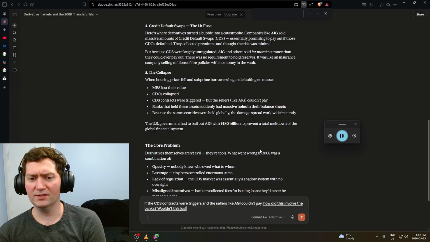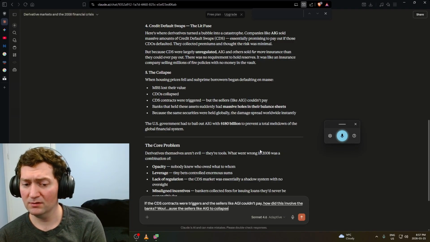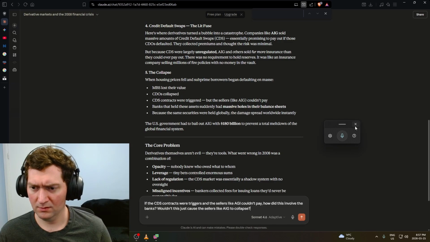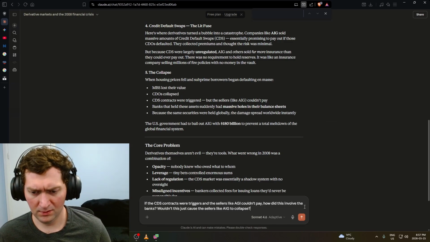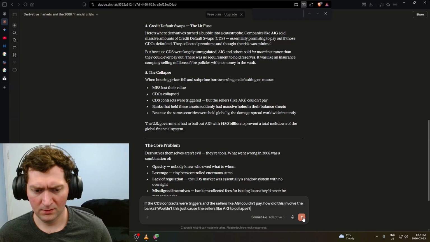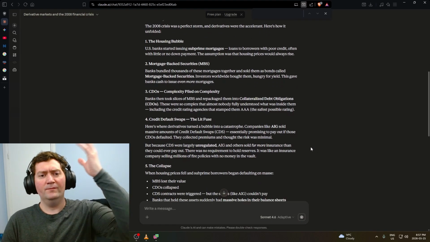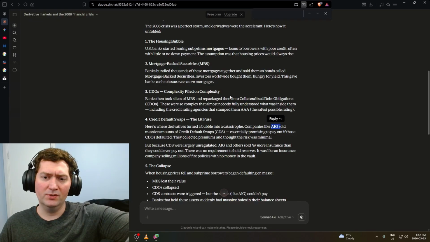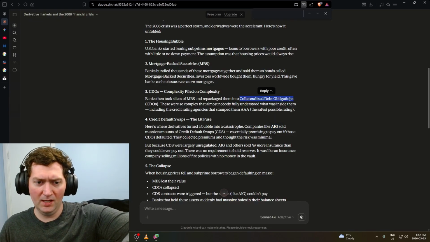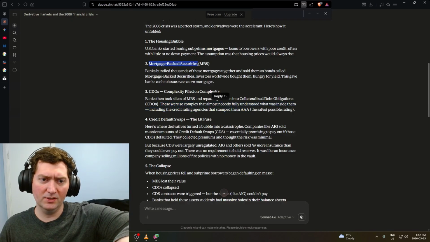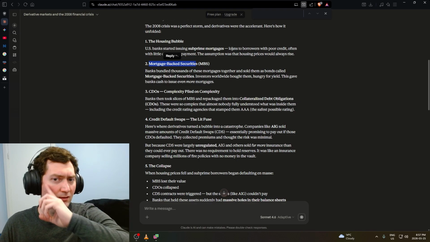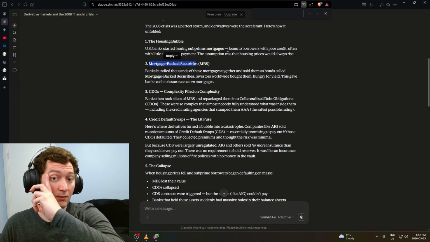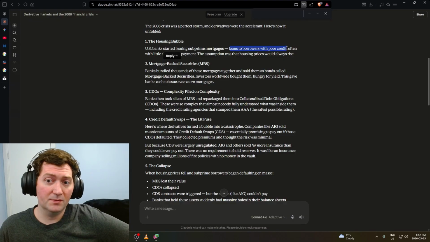Wouldn't this just cause the sellers like AIG to collapse, and then this would collapse the collateralized debt obligations, and then this would collapse the mortgage-backed securities, and in the end, the loans to borrowers with poor credit is the thing that would collapse, right?